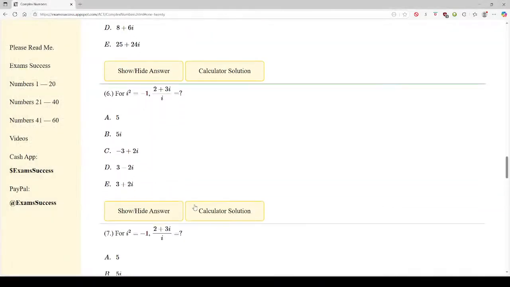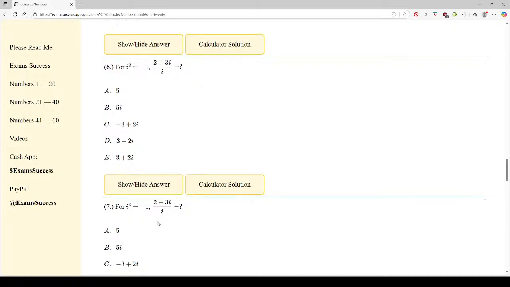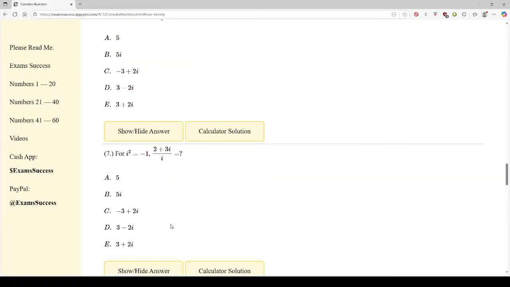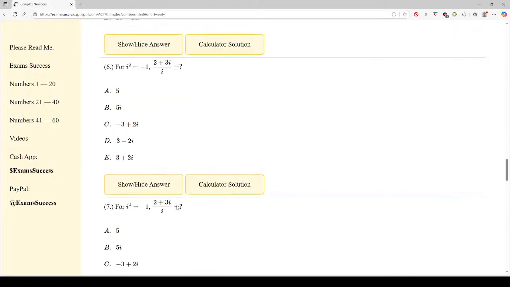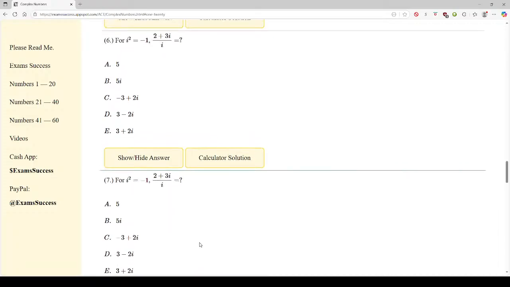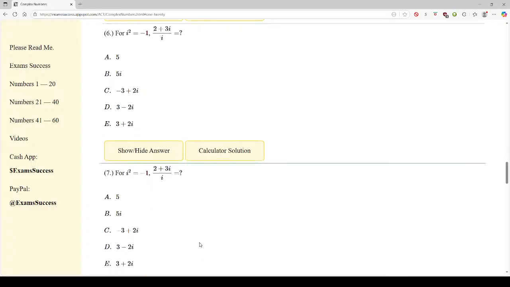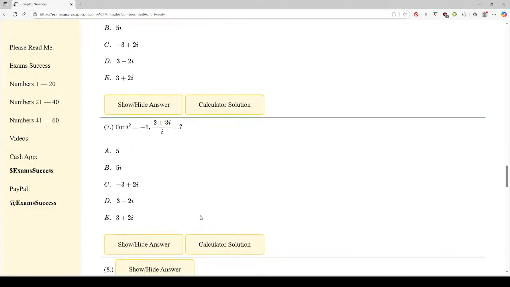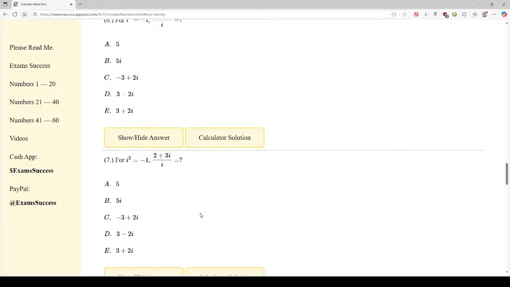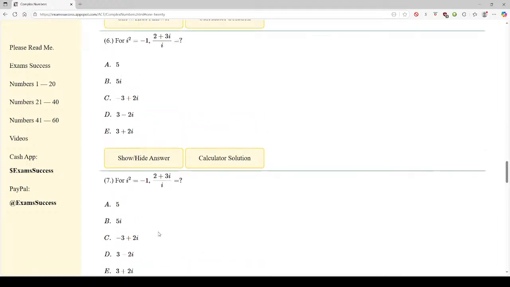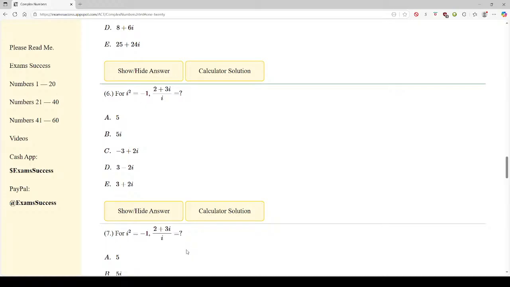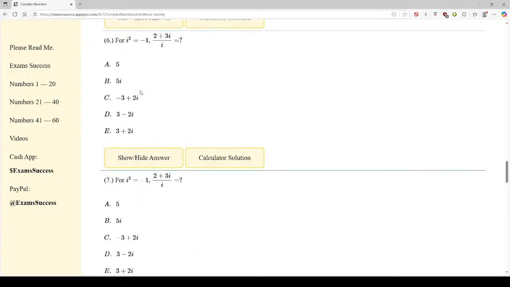Question 6. Did you see that question 6 and question 7 are the same thing? Interesting. It's the repetition, so I think I'll delete it after now. I don't want repetition unless they have different choices.